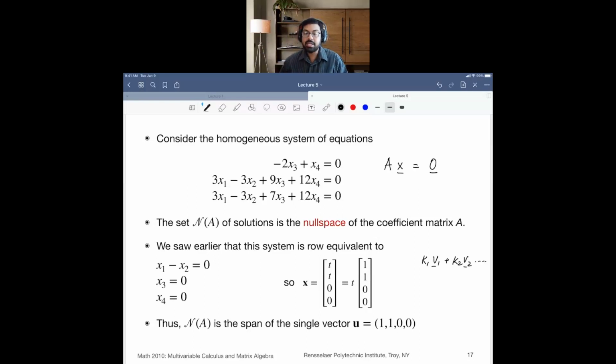Those were my linear combination of the r vectors that was defining the space spanned by all the vectors in S. Over here I just have one vector, so instead of k I have t, and instead of v1 I have 1 1 0 0. So for any t, any linear combination, that is going to define the space. So the null space is going to be the span of this single vector u, which is 1 1 0 0. Questions about this example?